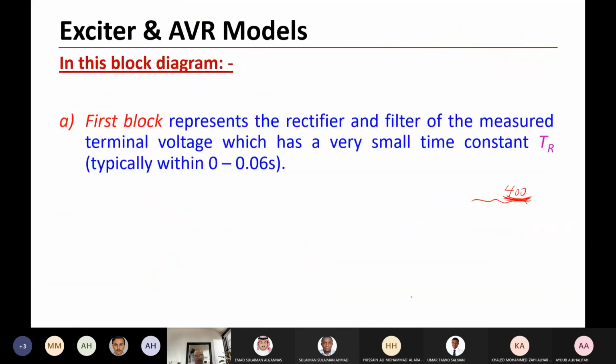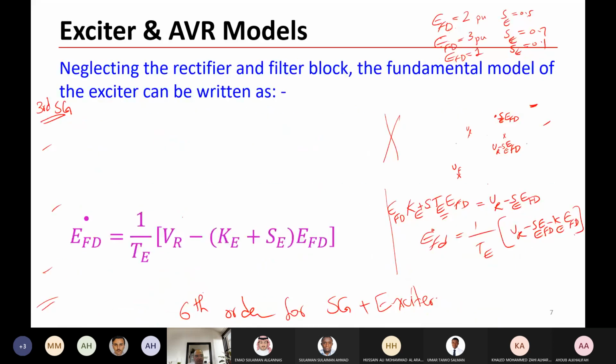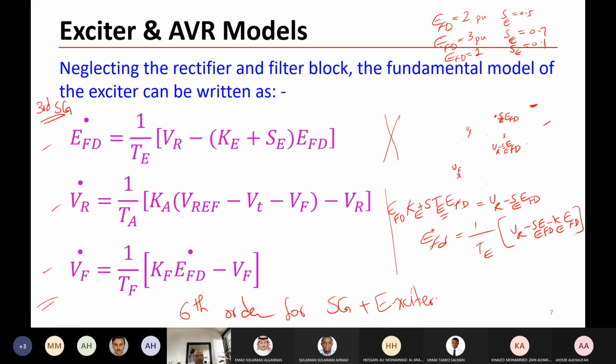It's not here, but yes, doctor. Definitely you can write EQ prime dot equal to 1 over TDO prime multiplied by EFD minus KA multiplied by VT, V reference minus VT. Am I writing it correctly?